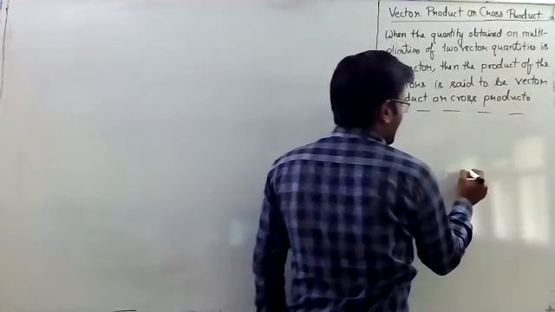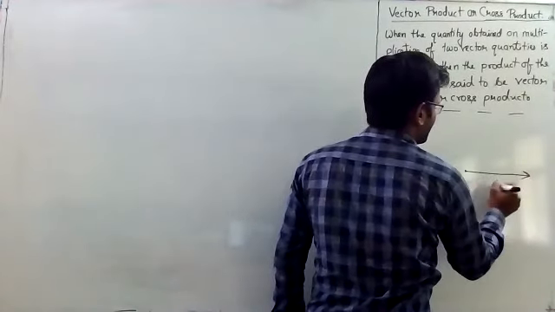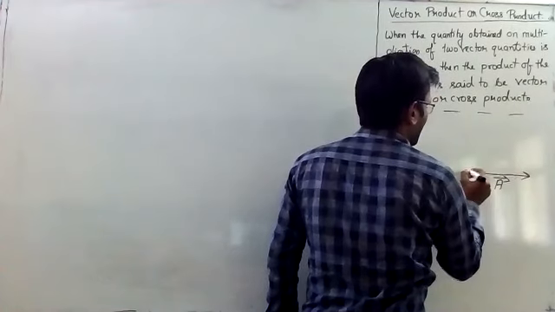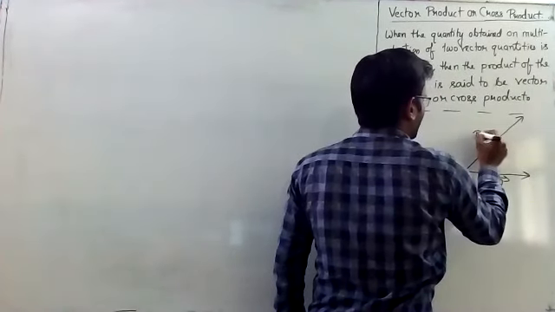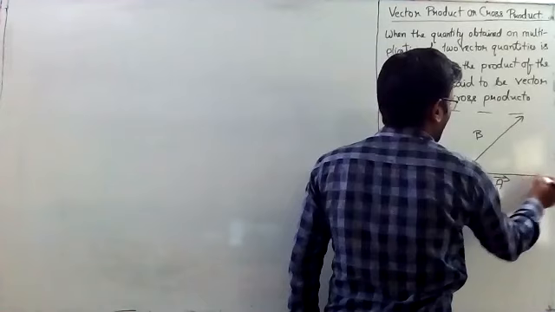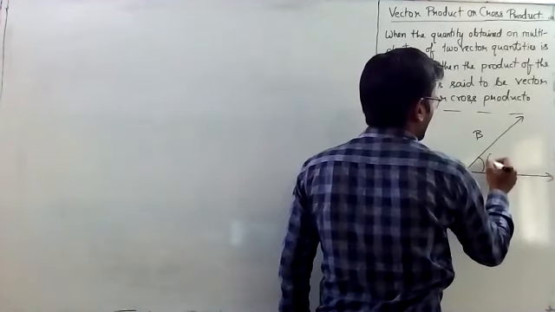So if I am taking two vectors, this is A vector and this is B vector. The angle between these two vectors I am taking to be theta.